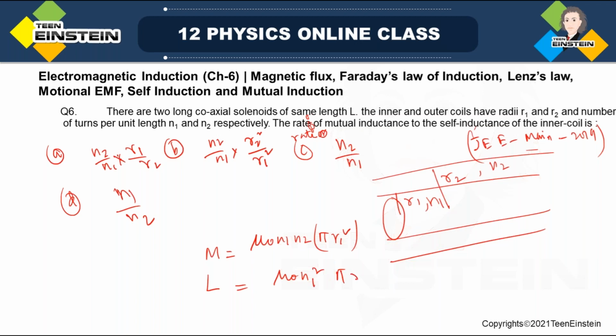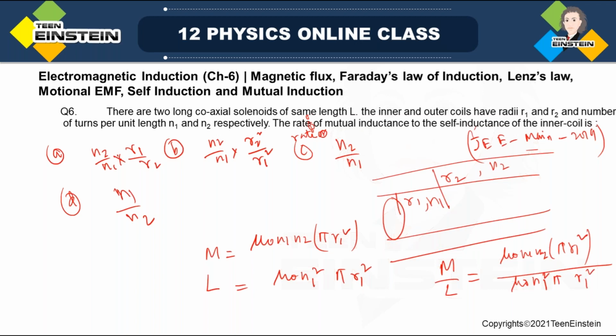into pi r1 square. Now if you take the ratio, because they have asked you to find only the ratio of mutual inductance to the self inductance, it will be mu0 n1 into pi r1 square, divided by mu0 n1 square pi r1 square.